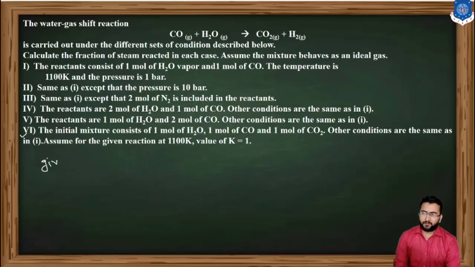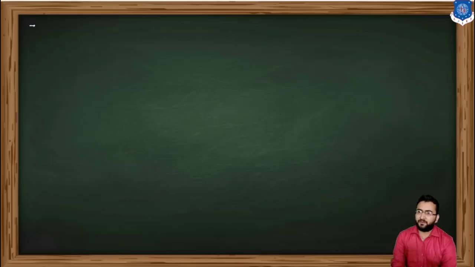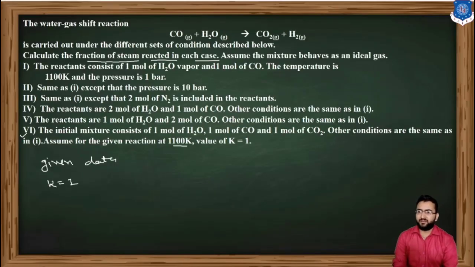So let's write the given data. K is equal to 1 for this temperature, and we have to calculate the fraction of steam reacted in each case. Let's first write for case 1.